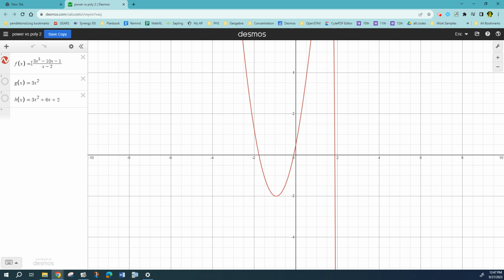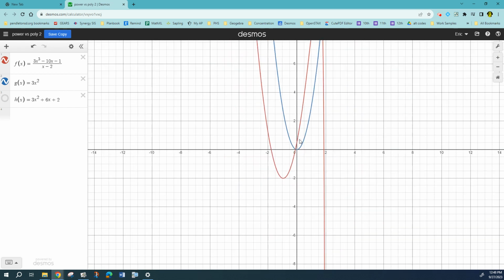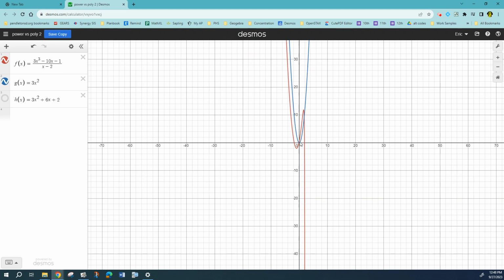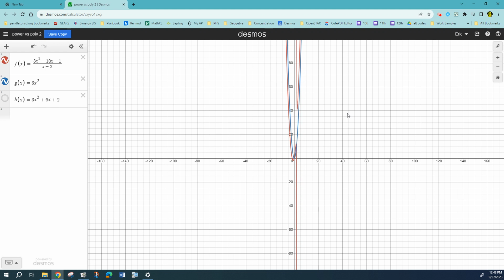There's f of x. What if we look at just the power function that predicts end behavior? I mean, it's pretty good, right? If we zoom out, we can see that it is eventually going to have the same type of end behavior, but it doesn't stick to that function great, does it?